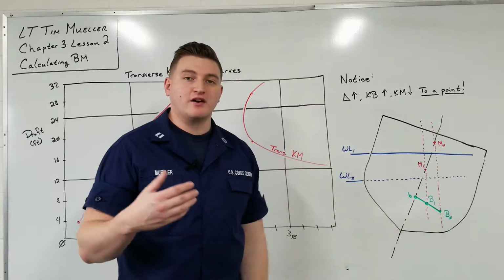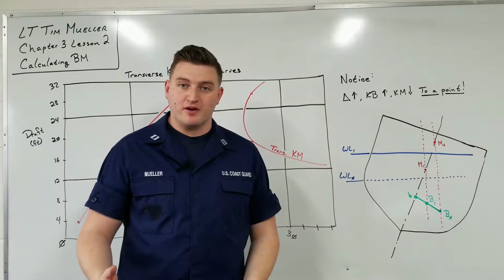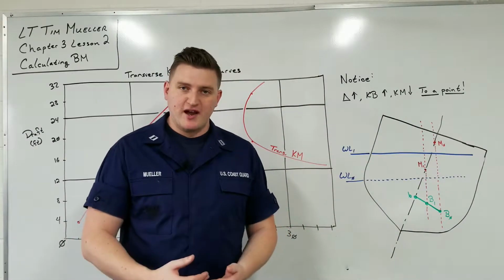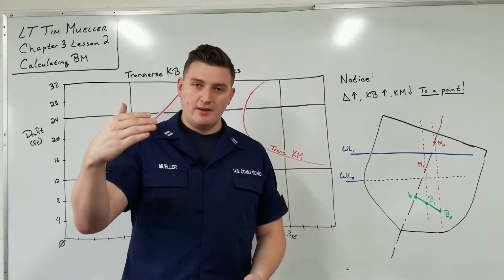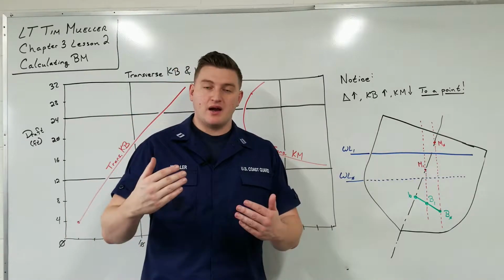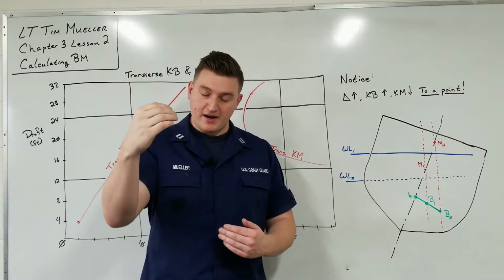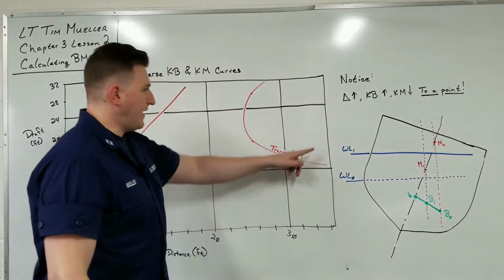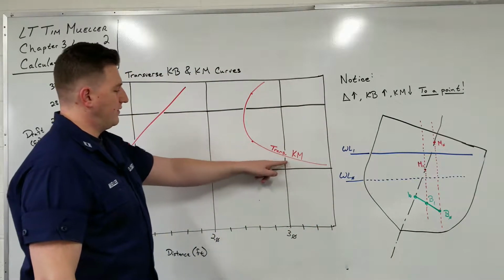Now remember when we talked about earlier with stability points, when we increase our draft, we have the waterline going up, the center of buoyancy going up, and KM, the metacenter, coming down. That happens to a certain point.